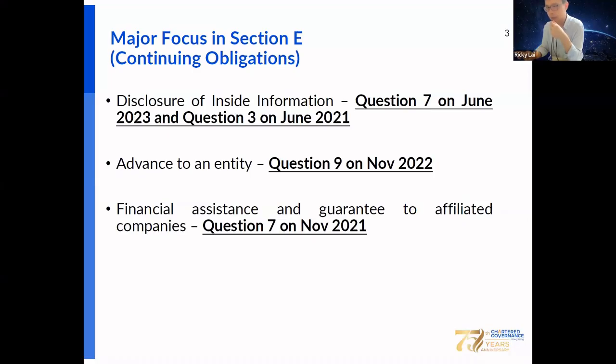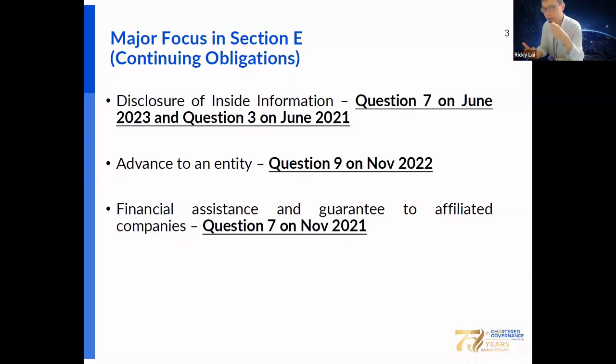That is the duty of the directors in the listed company to disclose inside information as soon as practical. So before we look at any past exam paper, we will focus on some general legal obligations for the director and officer under the SFO.